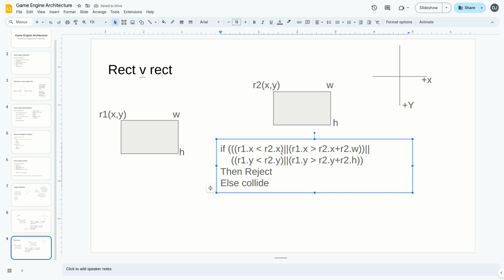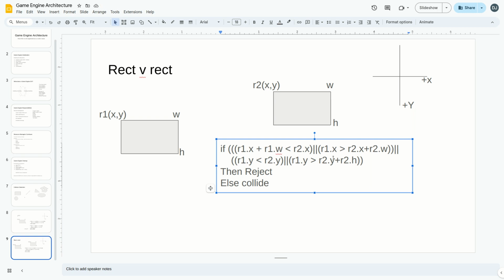Okay. I want to check to see if my right side is less than this left side, and then I can reject. Because if my right side is less than your left side, it doesn't matter what the other dimensions hold, I can't possibly overlap. So my right side, R1.x plus R1.width, is less than your left side.